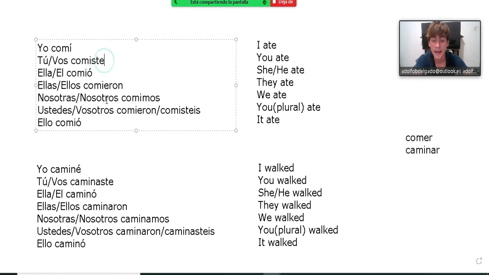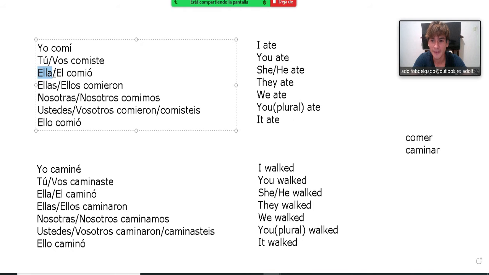Now, a common mistake that even native speakers make is they add an s here. They say comistes. Many people make this mistake and they are native speakers. Now you know that it is a mistake, a huge mistake, really.